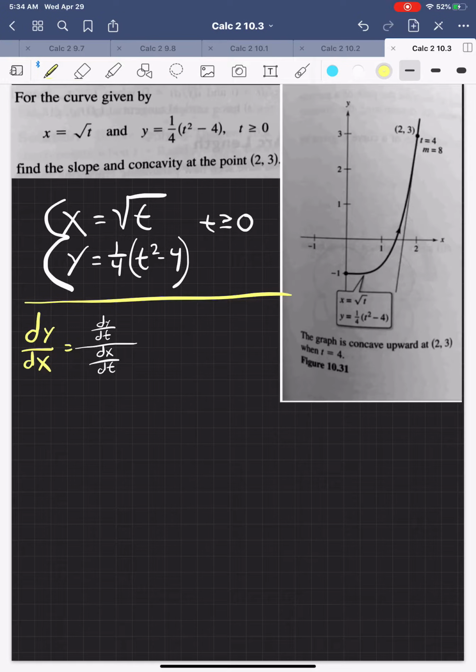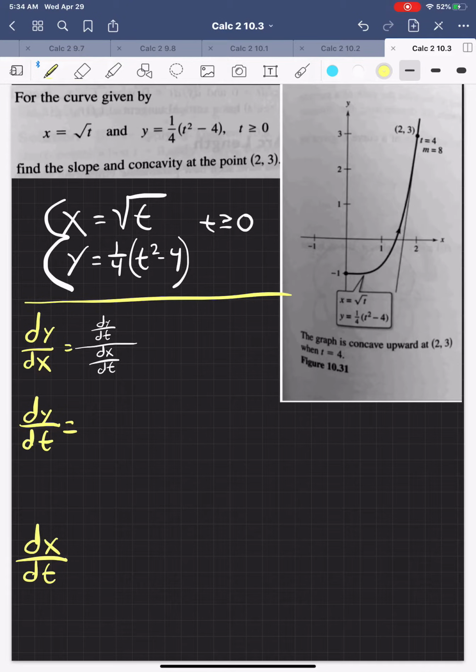So let's go ahead and find dy/dt, and then let's find dx/dt, and then we'll get our derivative. Okay, so let's start with dy/dt. This is fairly simple.